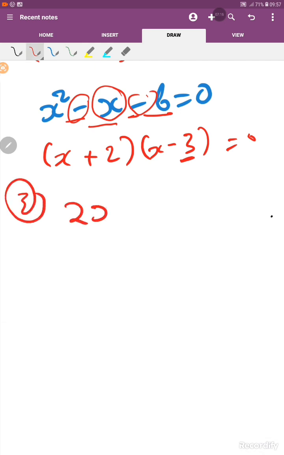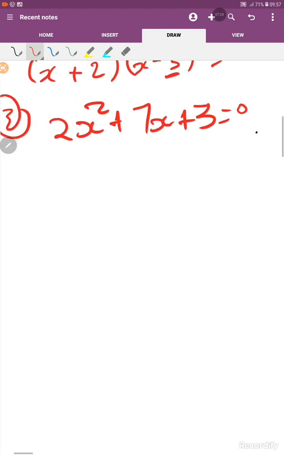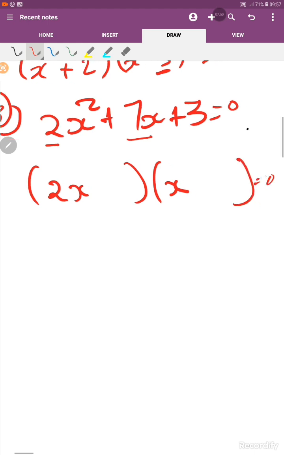Where it's 2x squared plus 7x plus 3 equal to 0. When you factorize this, you are going to say that because we have 2x squared and we have 7 and 3, you are going to open brackets 2x, then close bracket, open bracket, x, close brackets, right?